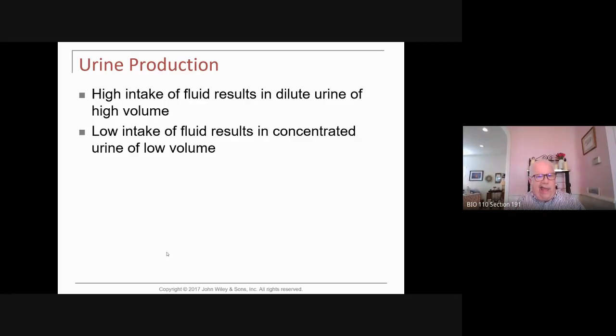If you have a high intake of fluid, your urine will look like water. It will be clear like water. That's known as dilute urine. If you have a low intake of fluid, your body keeps that fluid and your urine will be darker in color. That's called concentrated urine. So dilute urine is high volume urine. Concentrated urine is low volume urine.